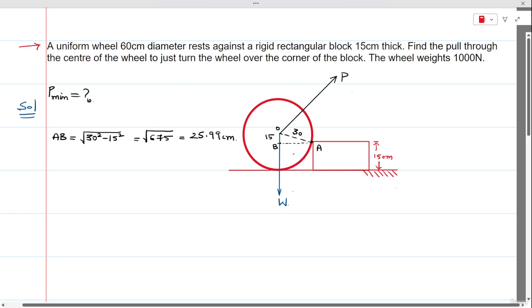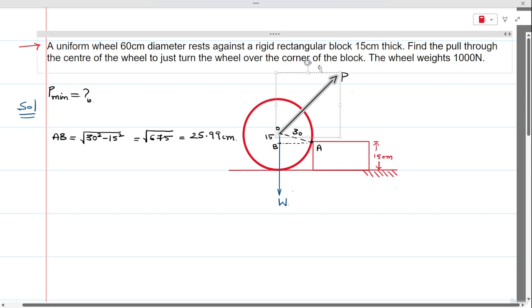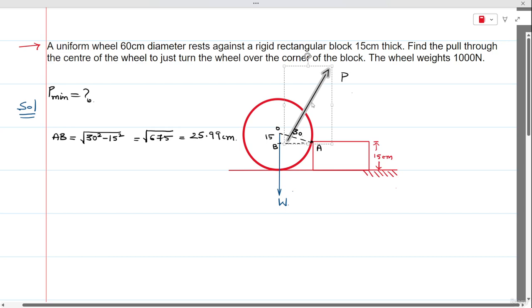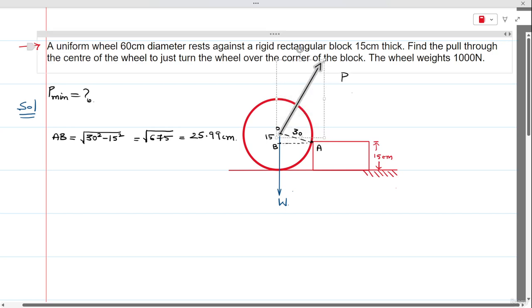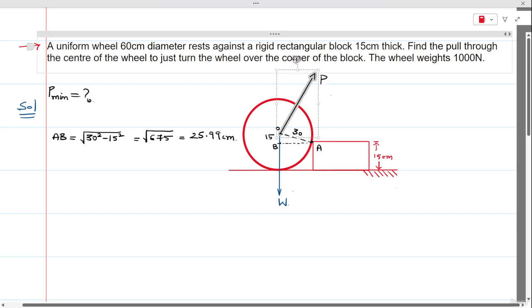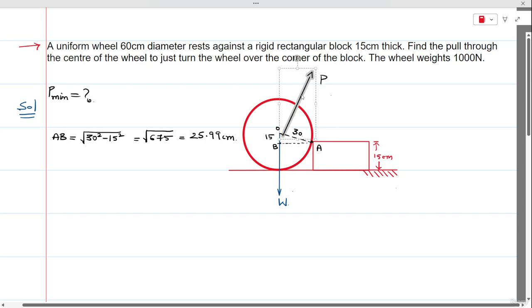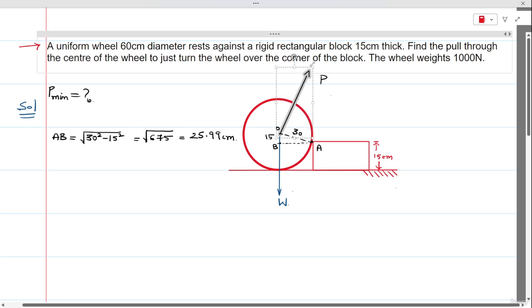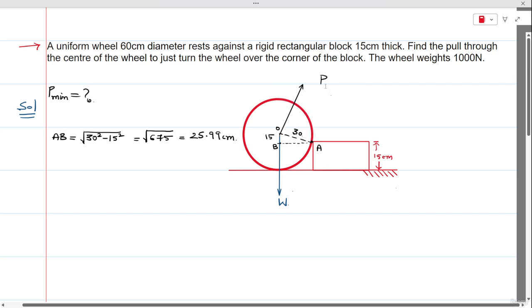It should be making an angle of 90 degrees with OA, because only then the force will be minimum, because about A the maximum distance is nothing but the radius of the wheel. So this P has to be 90 degrees with respect to OA. Only then the force would be minimum.